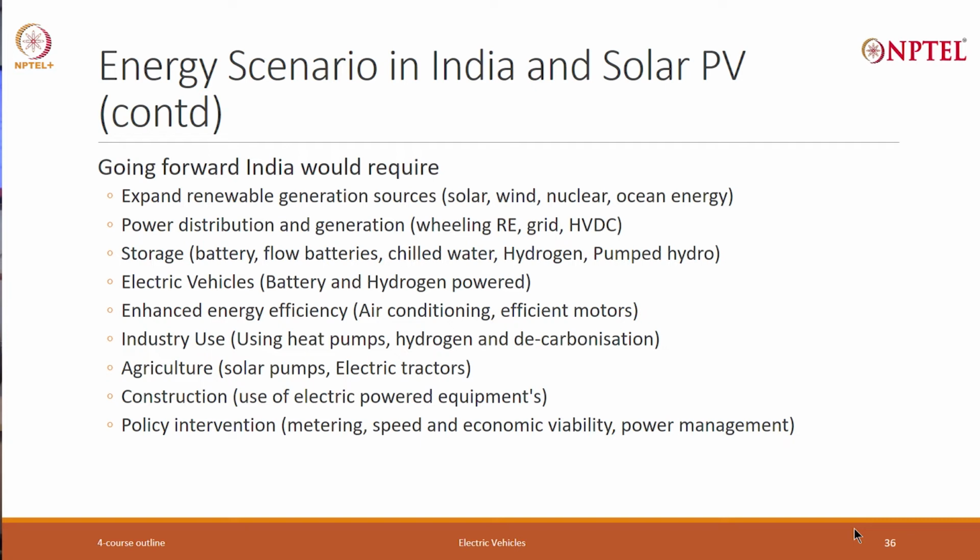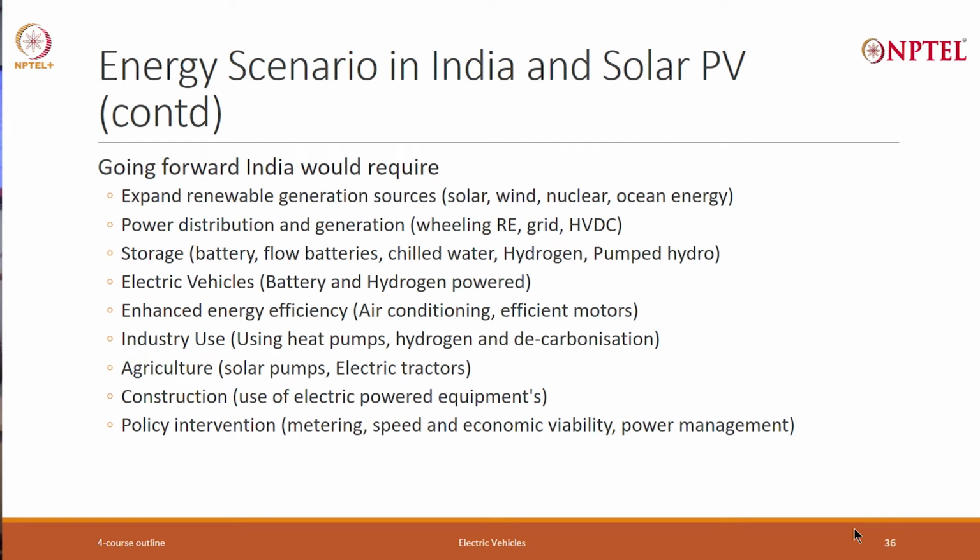For power distribution and energy generation, we have to do wheeling of renewable energy. For the grid, we have to talk about high voltage DC grid, we have to talk about all kinds of storage, battery, flow battery, chilled water, hydrogen, pumped hydro.